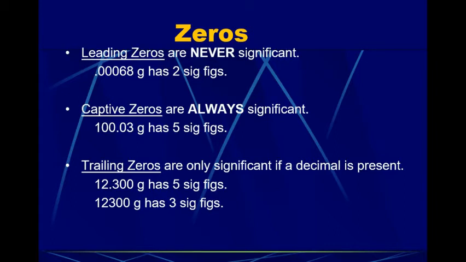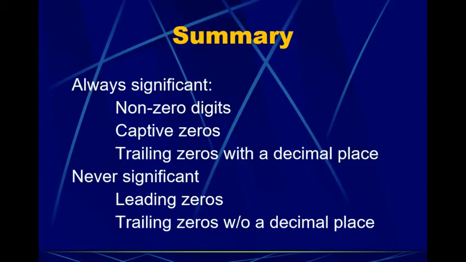So 12.300 grams has 5 significant figures, but 12,300 grams with no decimal point has only 3 significant figures. That's the only thing that can be a little confusing. So always significant are non-zero digits, captive zeros, and trailing zeros with a decimal place. Never significant are leading zeros and trailing zeros without a decimal.